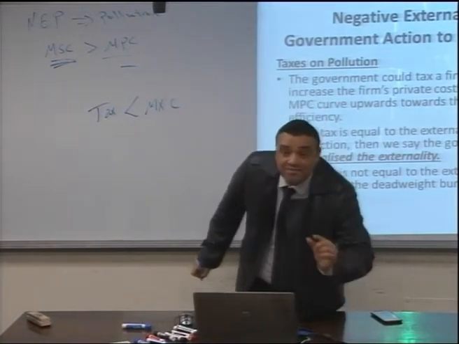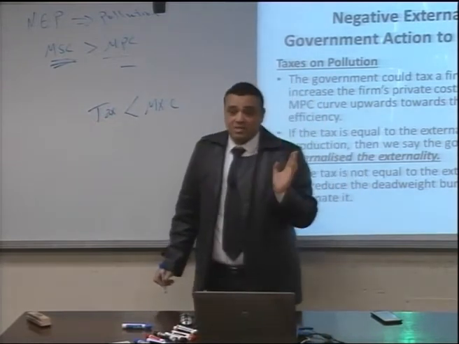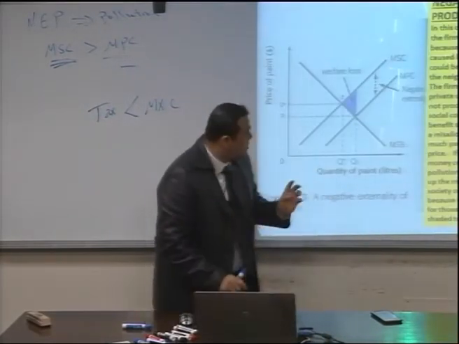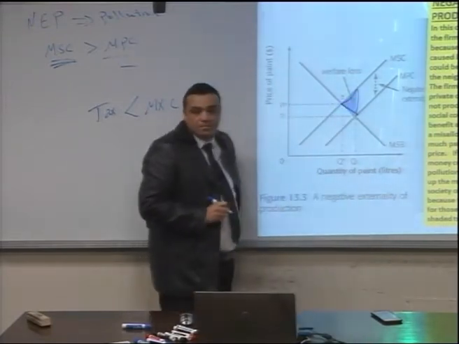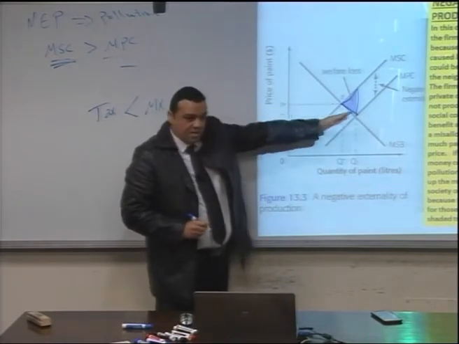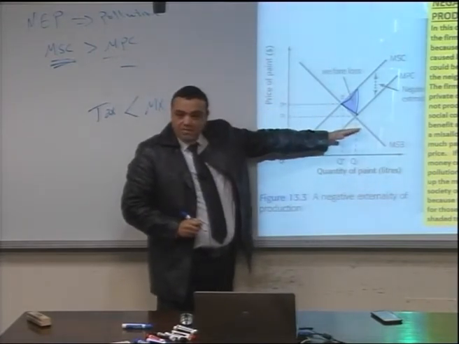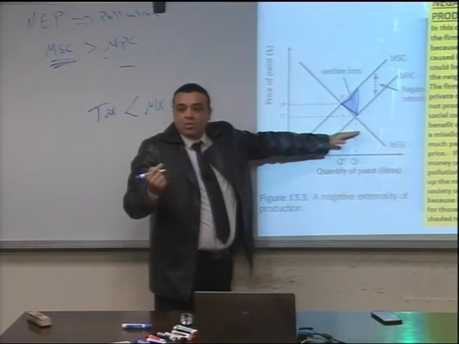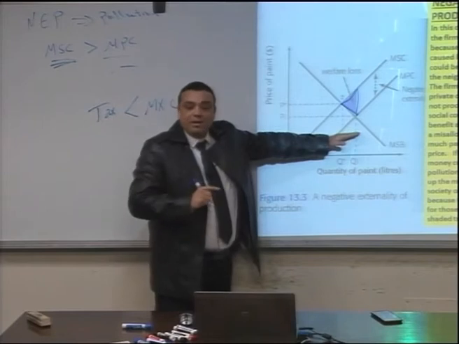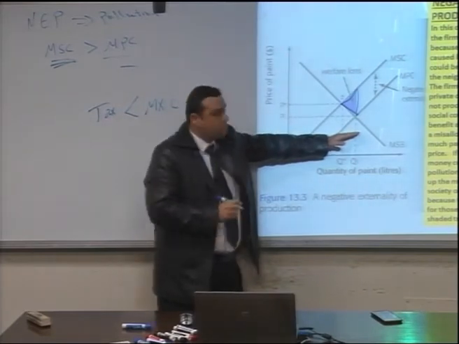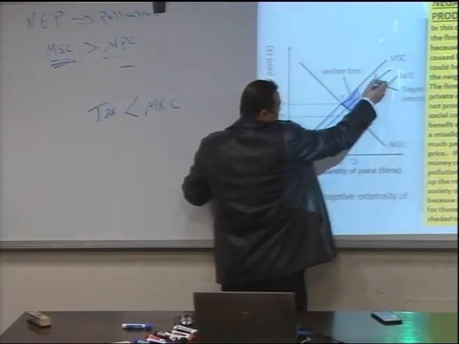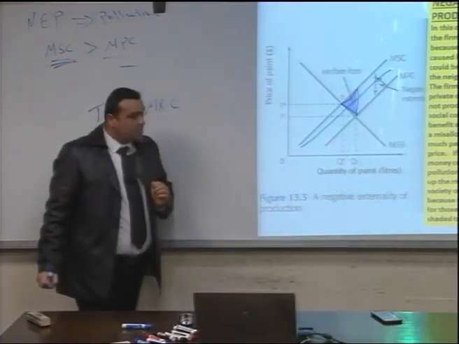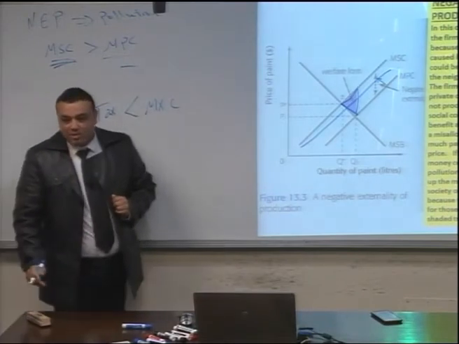we still have what? Deadweight loss, because here is the deadweight loss. The marginal social cost is bigger than the marginal social benefits. If the government imposed a tax which was, let us assume, less than the marginal external cost, where is the new deadweight loss?